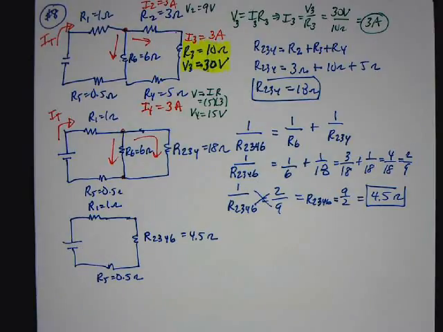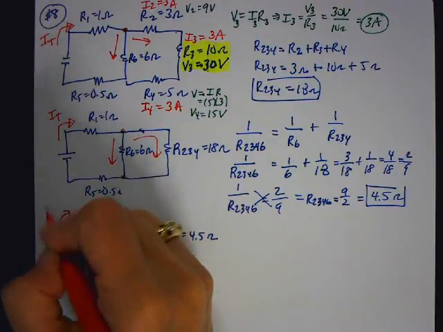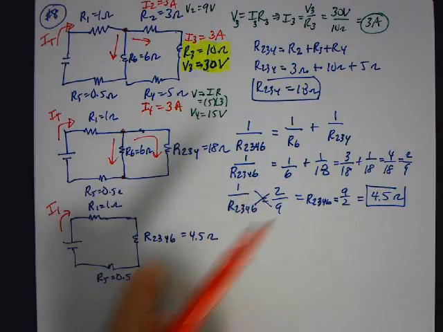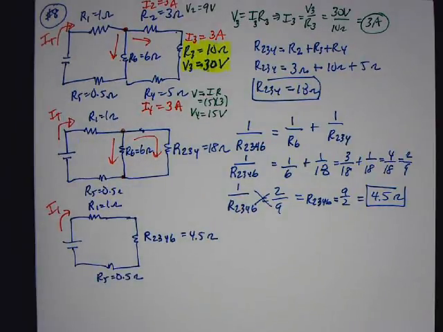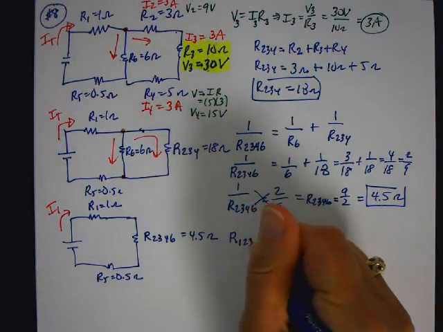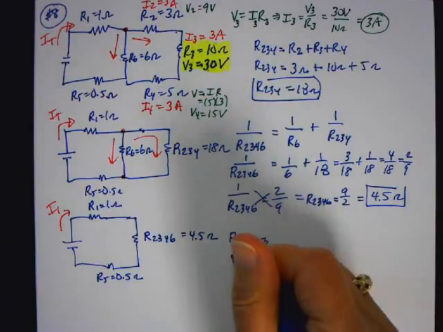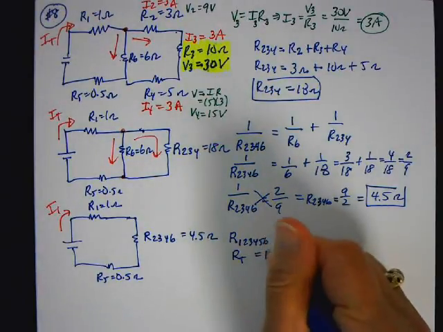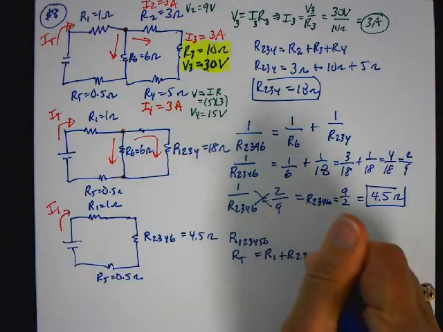So now when I look at this, here's my battery. The total current is going through here, here, and here. What's the relationship between these three? They're in series. How do I add resistors in series? I just add them. So R123456, which it'll just be easier to call RT, is equal to R1 plus R2346 plus R5.